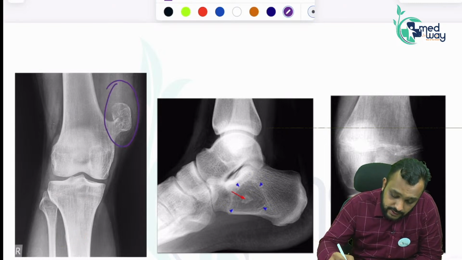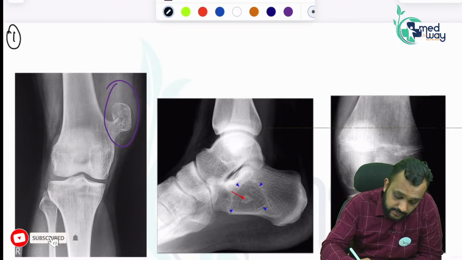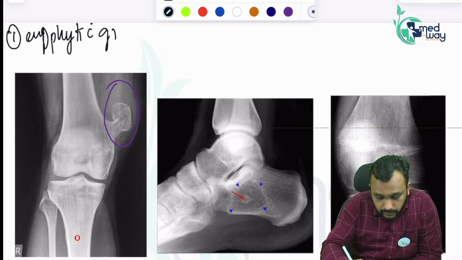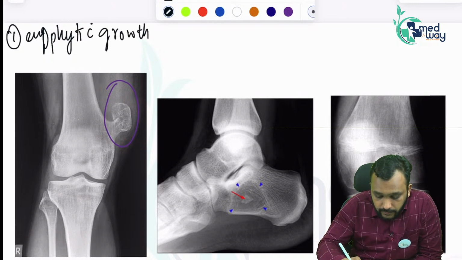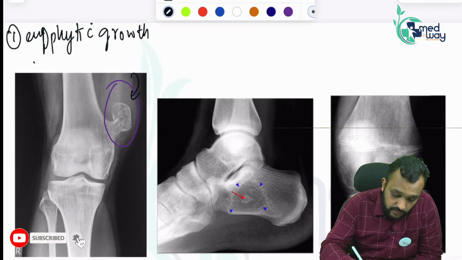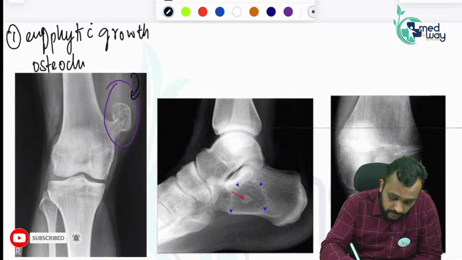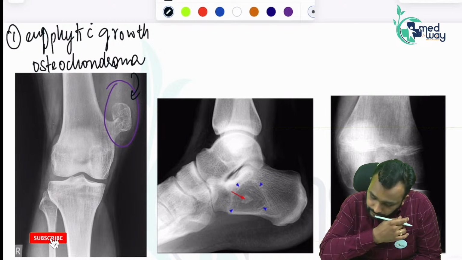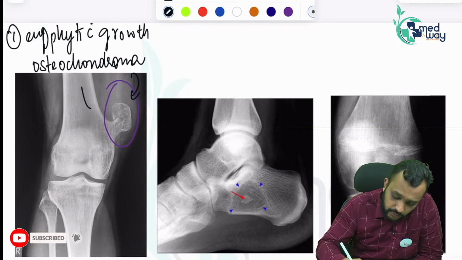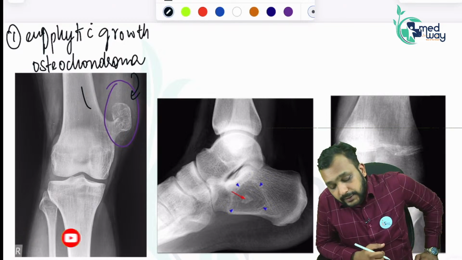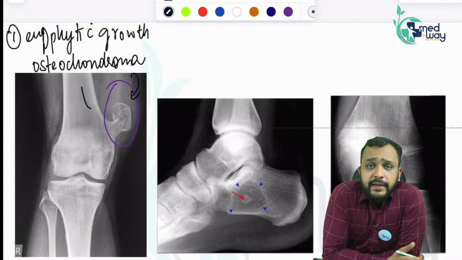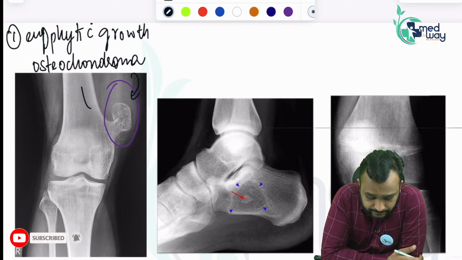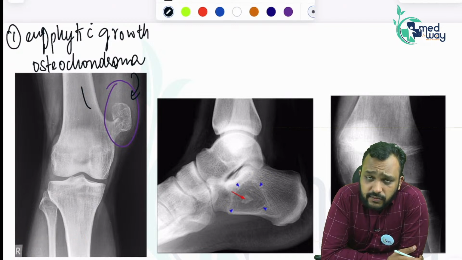So here again in the first image we can see that there is an exophytic growth from the bone, okay. So this is a case of osteochondroma, and you should know that the medulla of the parent bone is continuous with the medulla of the tumor, and there are a few features which suggest malignancy in this osteochondroma.